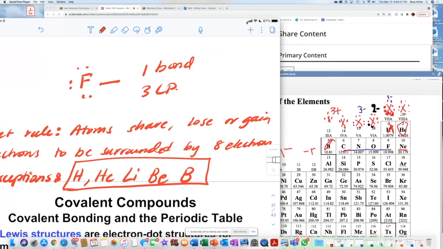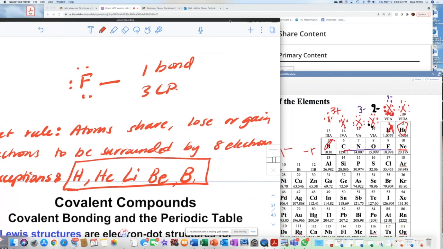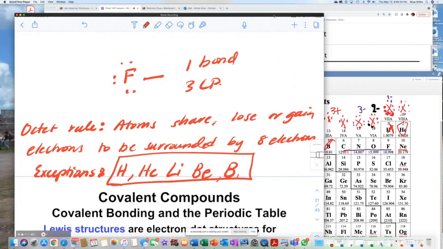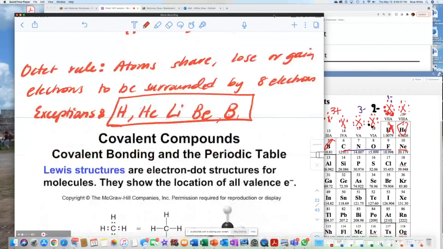These are elements that appear before carbon and they're not able to get to octet. So when you see them, resist the desire to double bond them because they will never get to octet and they're content that way. Hydrogen will only form 1 bond. Helium will be surrounded by 2 electrons. Lithium will form 1 bond. Beryllium will form 2. Boron will form 3. Leave it as is. Okay.